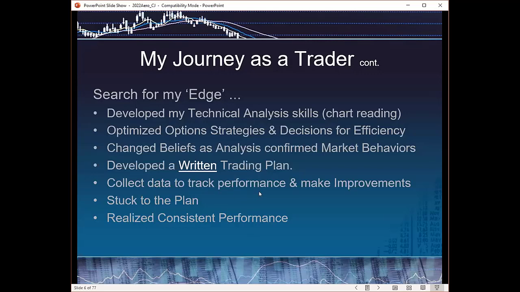And part of that written plan is what data do I collect and how do I use that data to make performance improvements? And probably most importantly was sticking to the plan. I didn't change the plan unless the data proved that it was justified. And then as I did those things, my results started becoming consistent. Duh, consistent behavior, consistent results, okay?